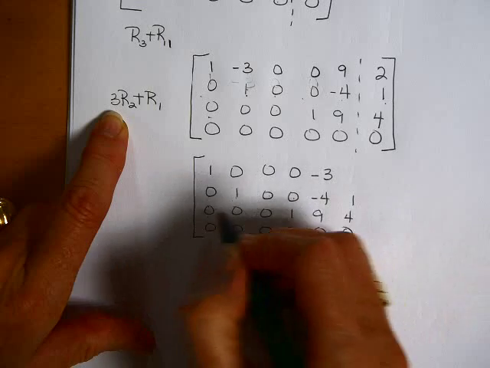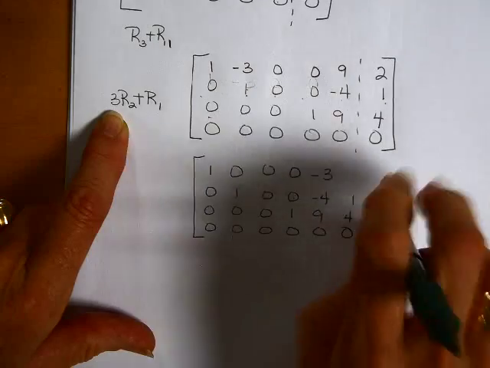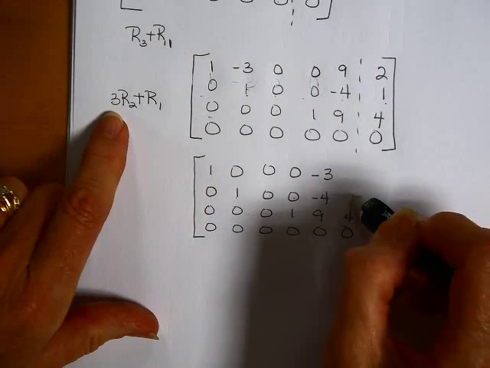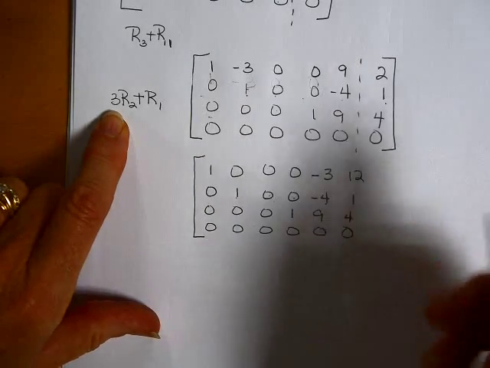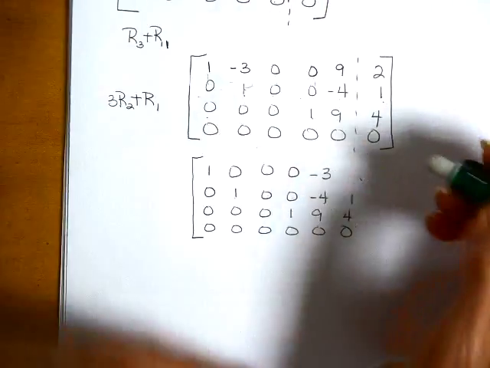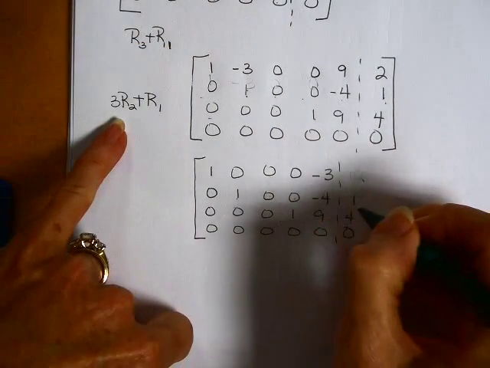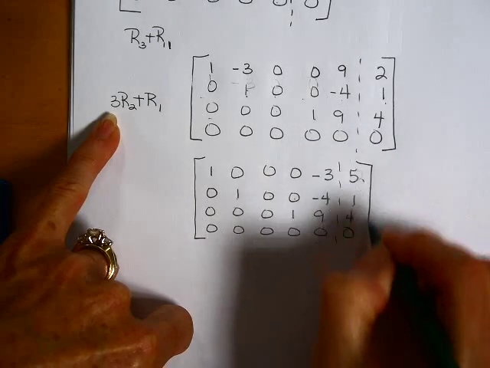Where am I? Oops, did I do the wrong one? Yep. 3, no, row 2. 3 and 9, is that 12? Wait a minute. I got off, sorry. No, it's 2 above that. So that's 3 and 2, which would be 5. Sorry, I got off.